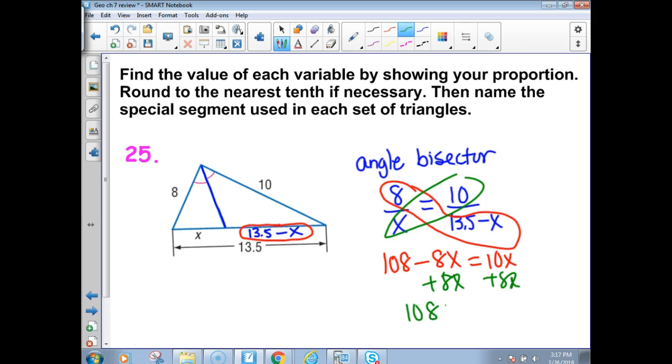I get 108 is 18x. And I divide by 18. 108 divided by 18 gives me 6 even. Okay. So that was 6, and this was actually 7.5, if you wanted to know.